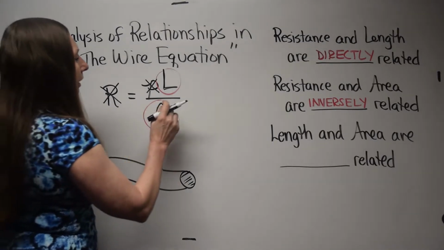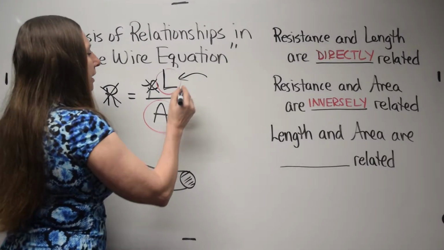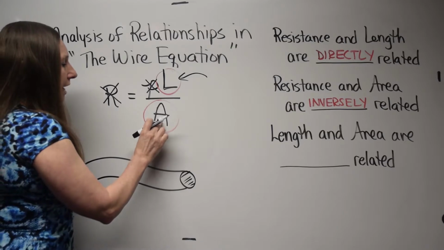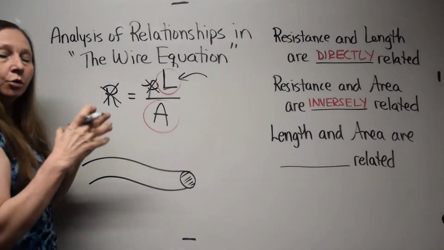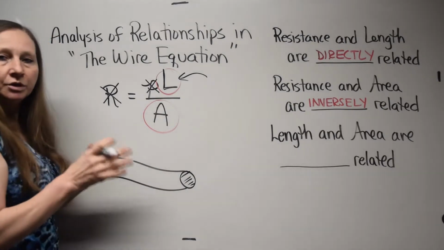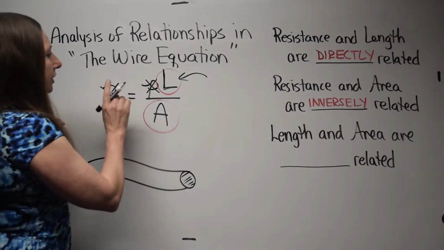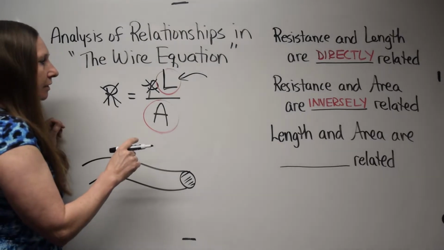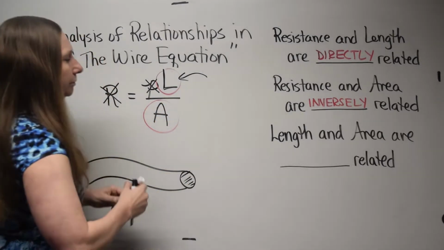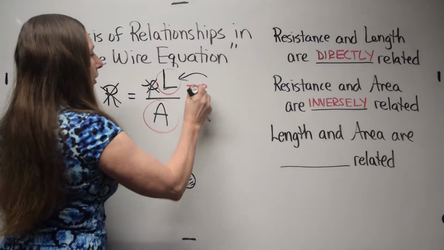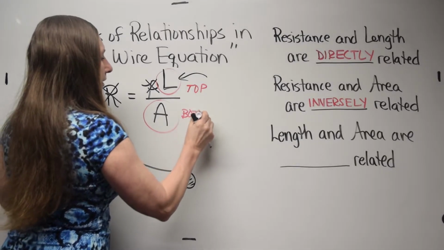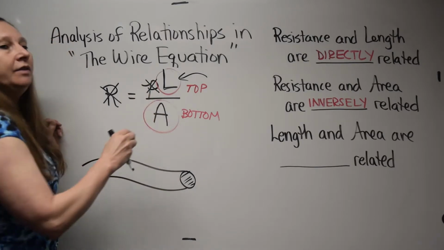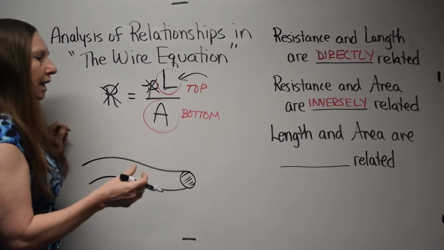So, if you use a longer piece of copper wire, would the area have to be bigger or smaller to have the same resistance? Well, since they are on the same side of the equal sign, and one is on the top and one is on the bottom, this is a direct relationship. The length and the area would be directly related.